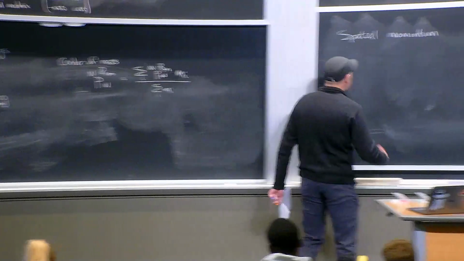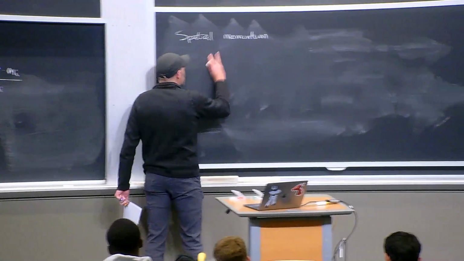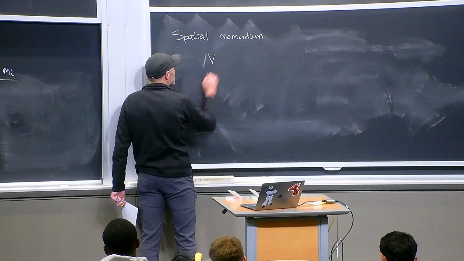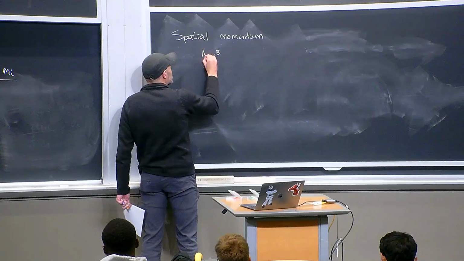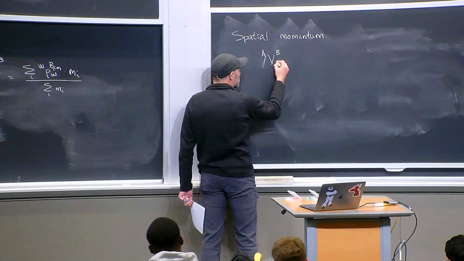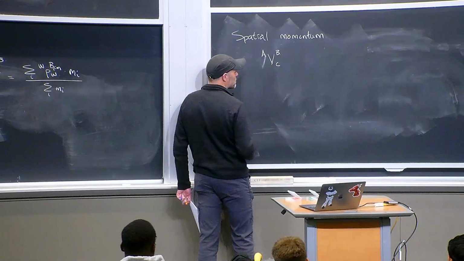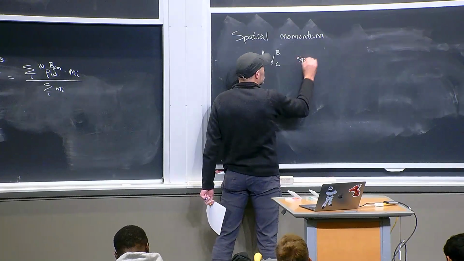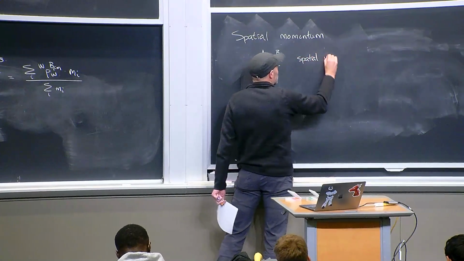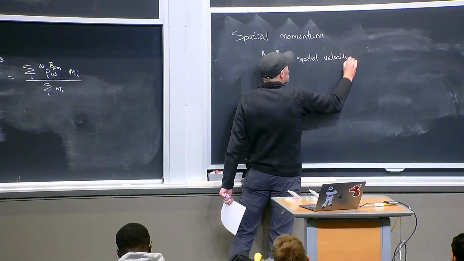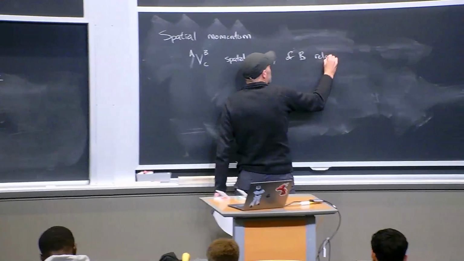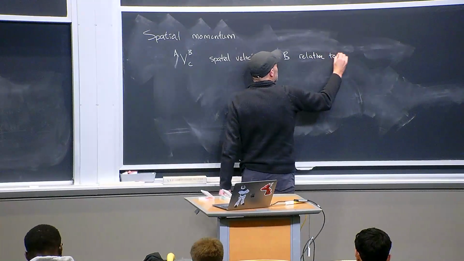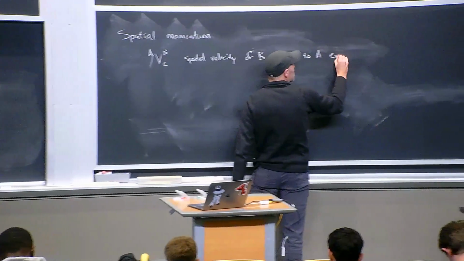But let's say I have a spatial velocity, for instance. I can write the velocity of my point B relative to A, expressed in C, for instance. This would be a spatial velocity of B relative to A, expressed in C.